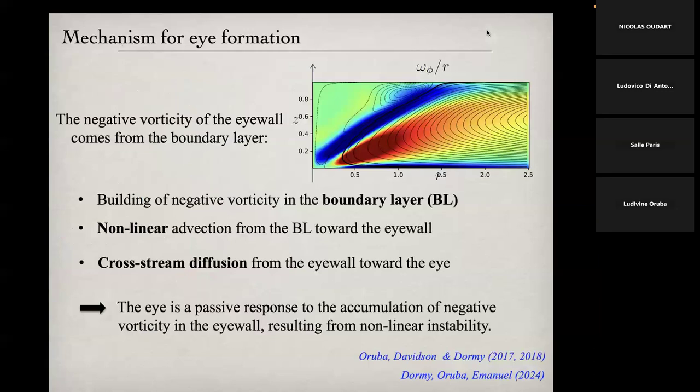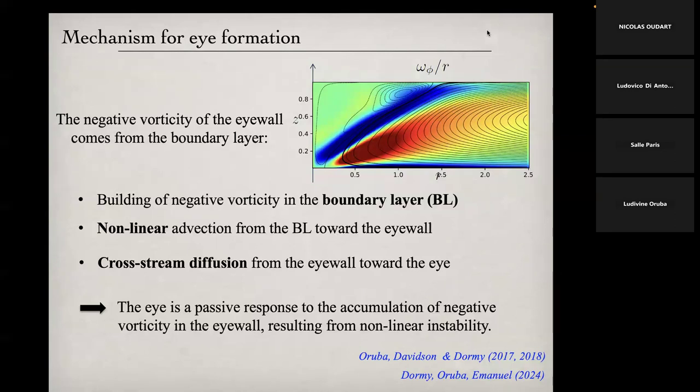And so in our model, the mechanism for eye formation can be described as follows. Because of the viscous terms, we have negative azimuthal vorticity in the bottom boundary layer. Then this negative azimuthal vorticity is advected toward the eye wall, where it will then diffuse inside the eye through cross-stream diffusion.